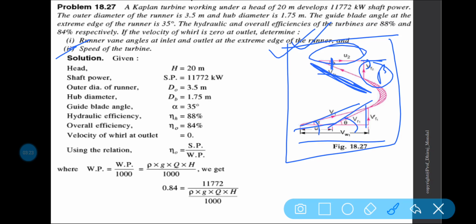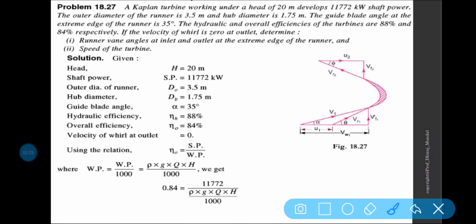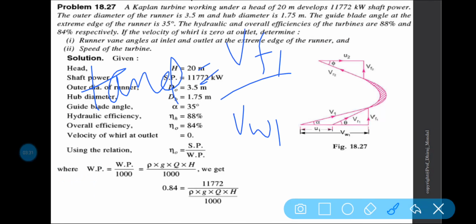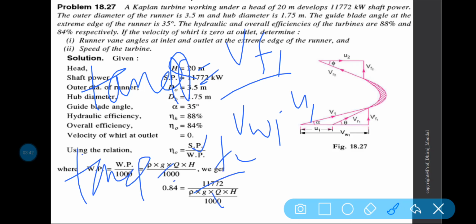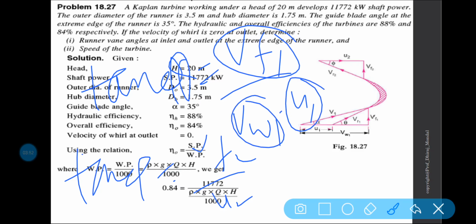Now first of all, let us discuss what you need to find out. We need to find out theta. So tan theta is equal to Vf1 by (Vw1 minus U1), and tan phi is equal to Vf2 by U2. To get theta and phi, you need to find out Vf1, Vw1 and U1.